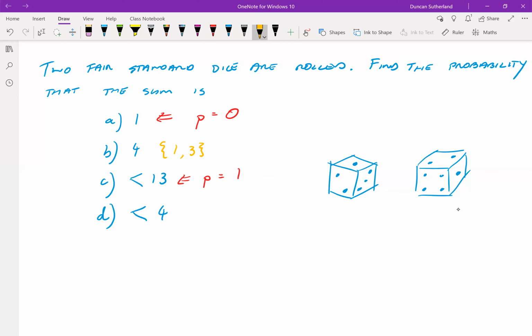There's 2 possible ways you can do that. So you can get a 3 and a 1, right? The other possible way that this can occur is if they both show 2. All right. So there are 3 different ways that this can occur.